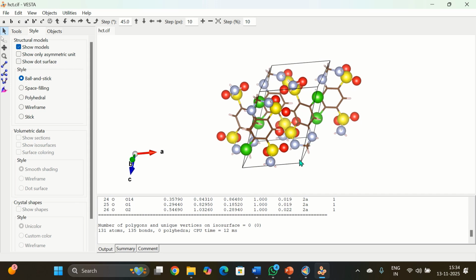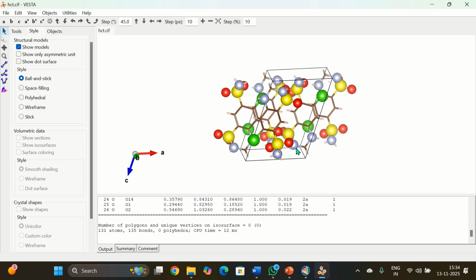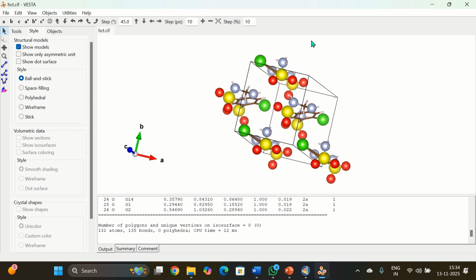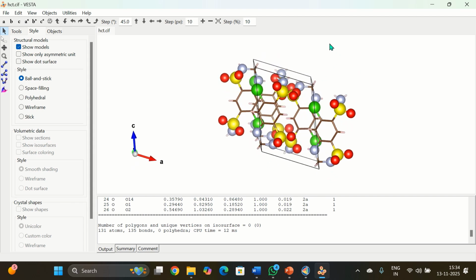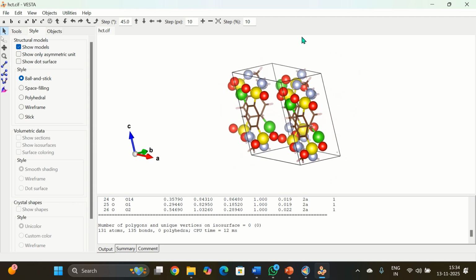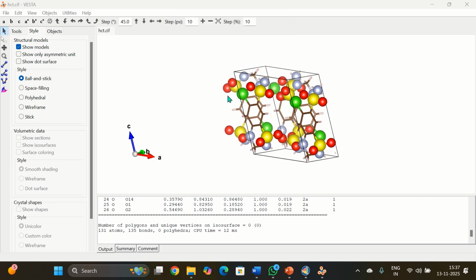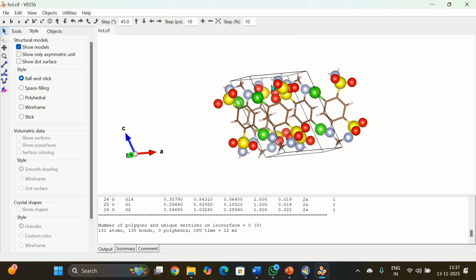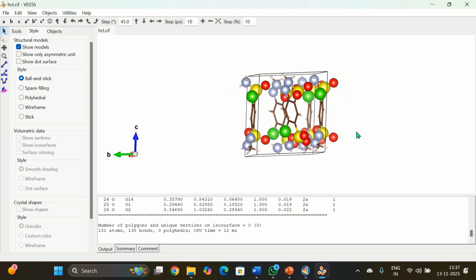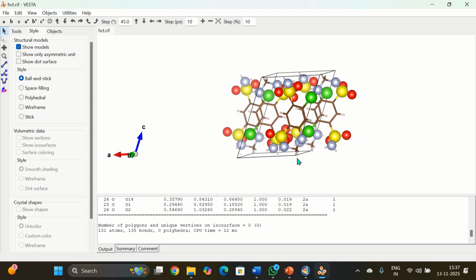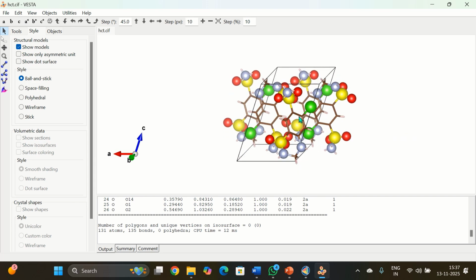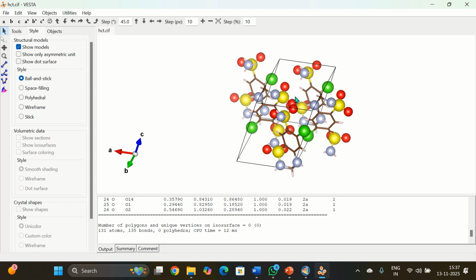The unit cell can be seen as monoclinic in nature, with one of the angles being non-90. All the sides of this unit cell, the unit cell length parameters, edge lengths, are all non-equal, a not equal to b not equal to c.